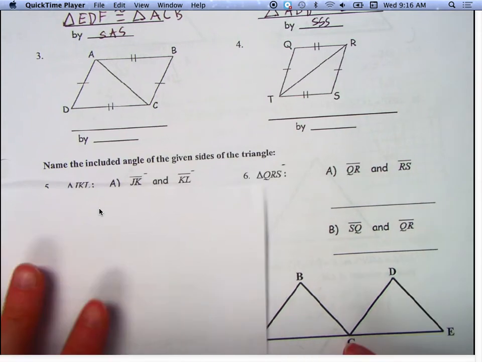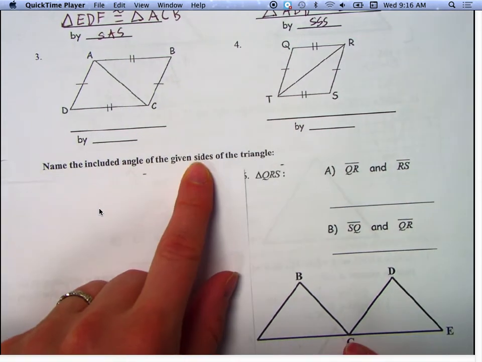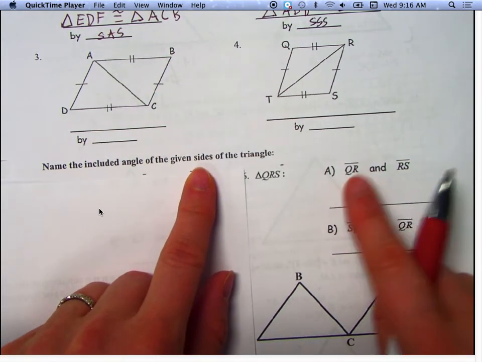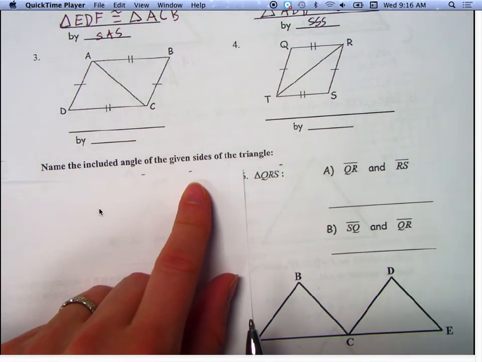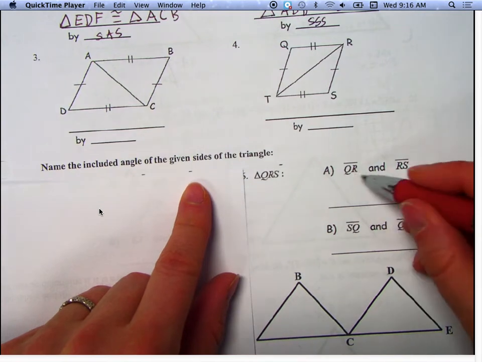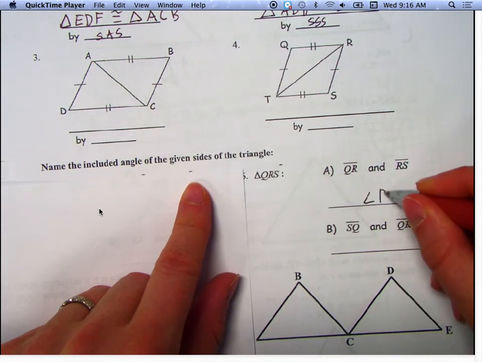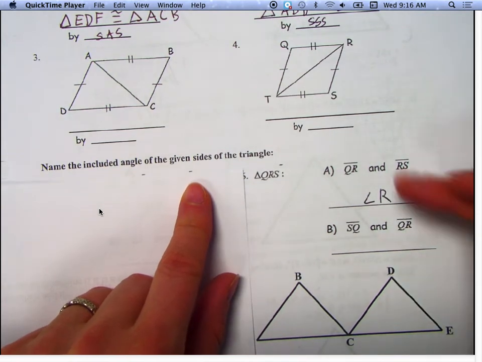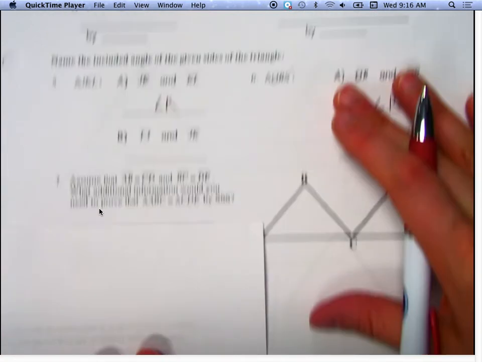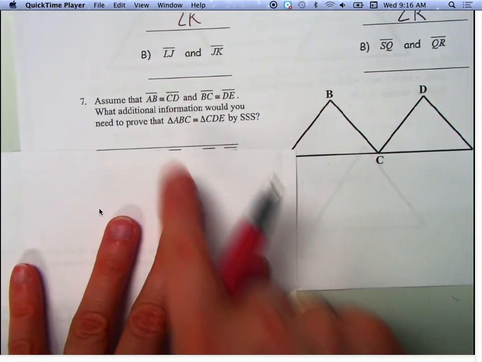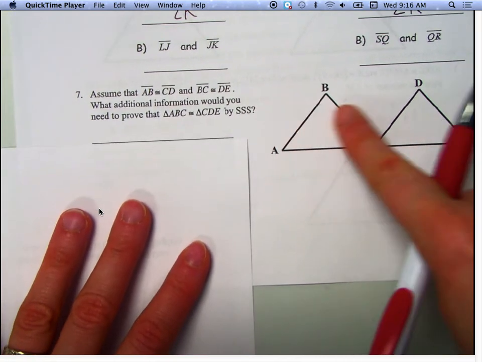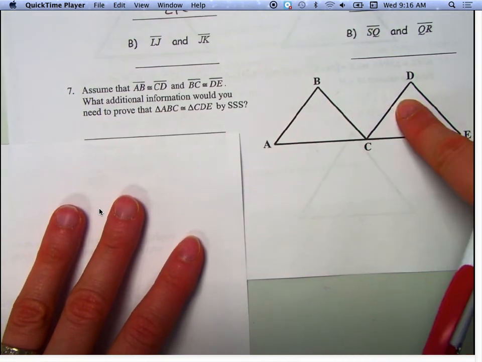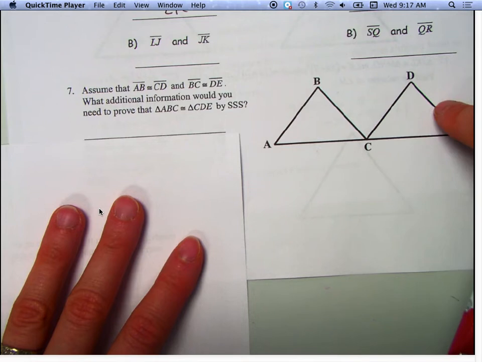The next set of problems says name the included angle of the given side. So if I'm looking at side QR and RS, what angle is between QR and RS? Angle R. See how they both have an R? That's the whole thing. That's all you're doing. Number 7 states, assume that AB and CD are congruent and that BC and DE are congruent.